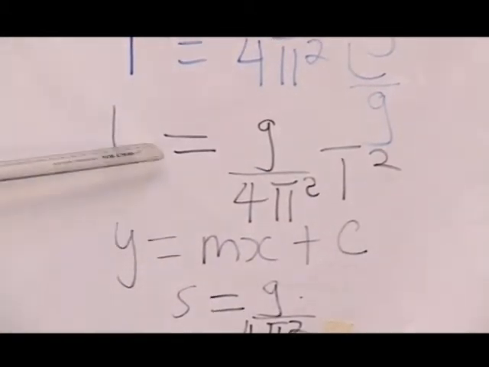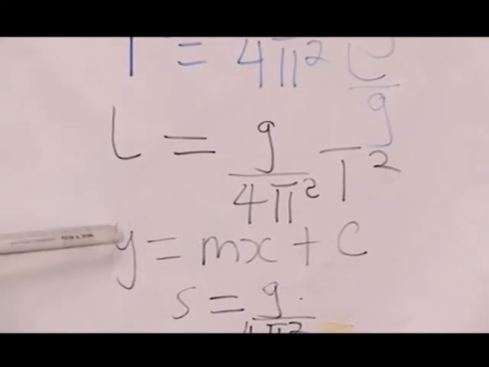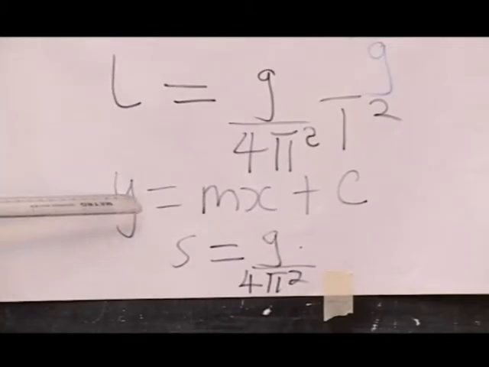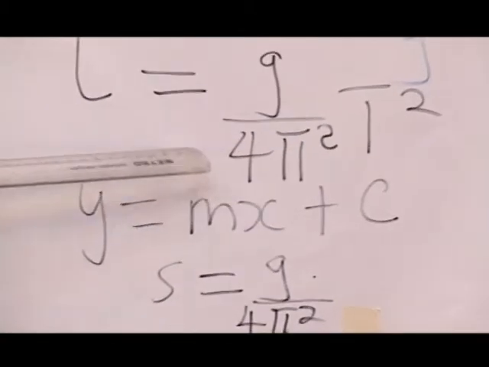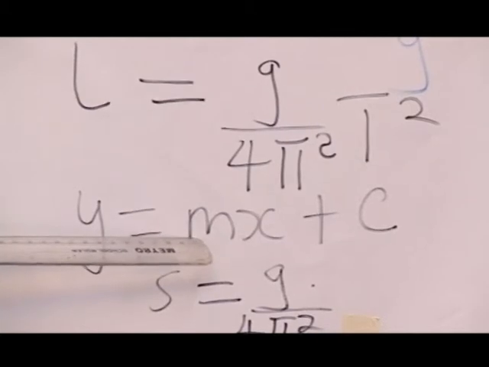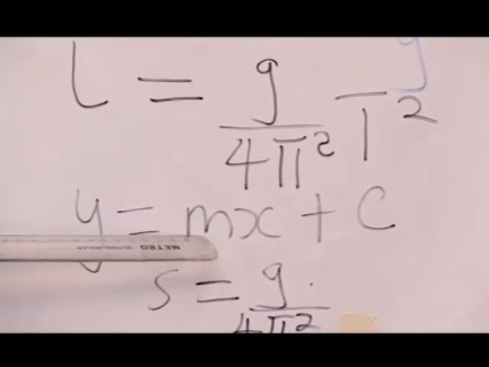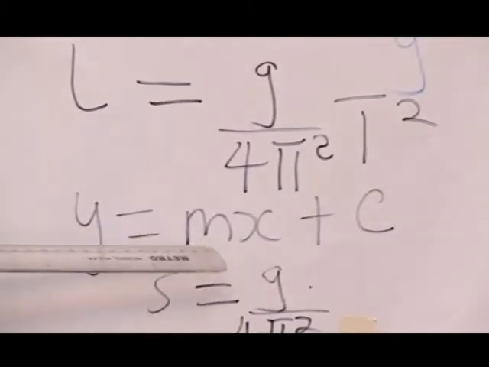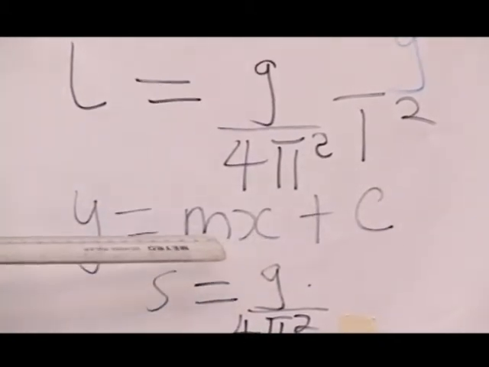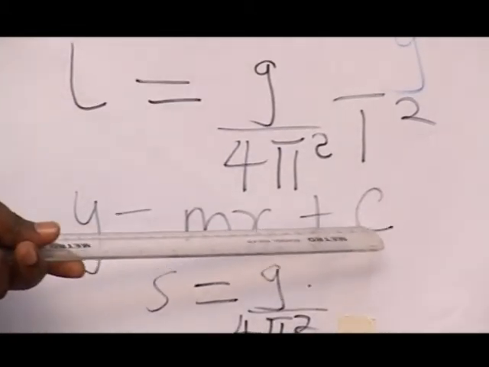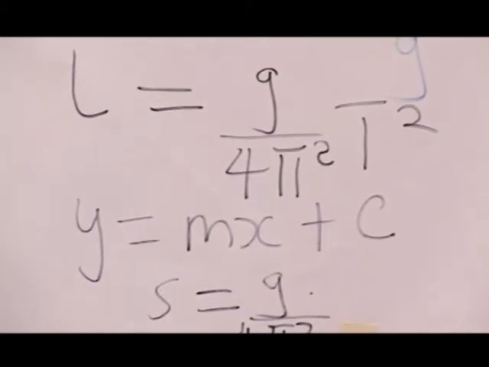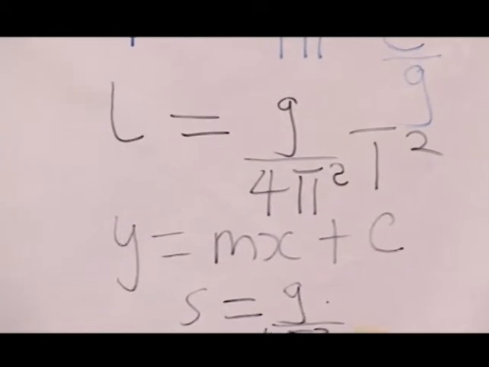Now if you relate this equation with the straight line equation, L will be equal to y, g over 4 pi squared will be equal to m, which is the slope, and T squared, periodic time squared, will be equal to x. And c will be equal to the y-intercept, which is equal to 0 according to this, since the graph passed through the origin.